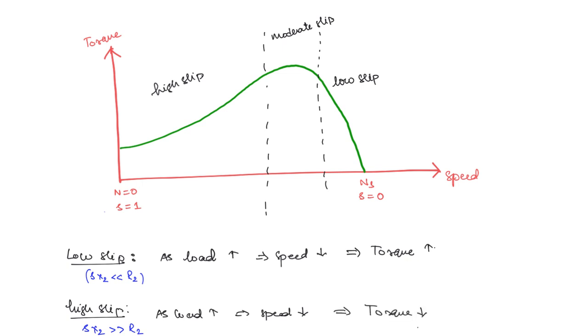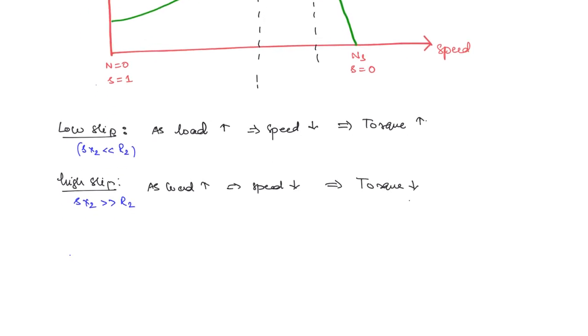Okay. Now the moderate slip region, this is where a maximum torque will be present. Okay. This is T max. It is also called the breakdown or pull out torque. Maximum torque. It is also called pull out or breakdown torque.